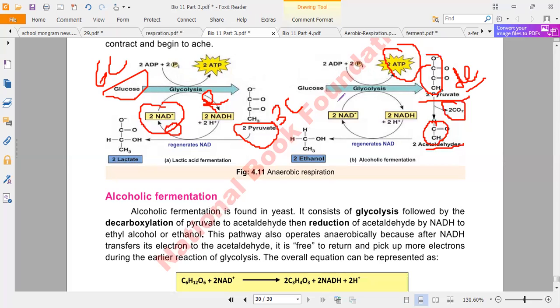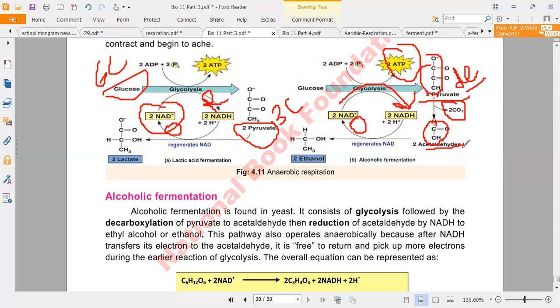In the same way NAD gets reduced into NADH, but there is no electron acceptor at the end in the form of oxygen. So this NADH is again oxidized, removing the electrons and changing into NAD plus, and that again can be transformed into NADH in the reaction.